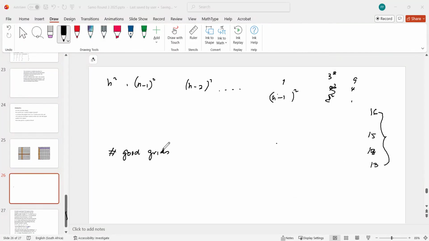What we did was we tried to construct a good grid, and we saw that the first number can be chosen in n squared ways. Having taken the highest, the second highest can be chosen in that many ways, the third highest, and so on, and the nth highest will be 1 squared. So this is equal to 1 times 2 times 3 up to n.